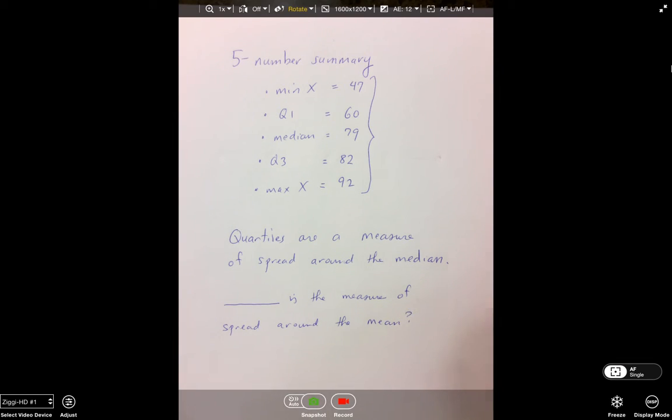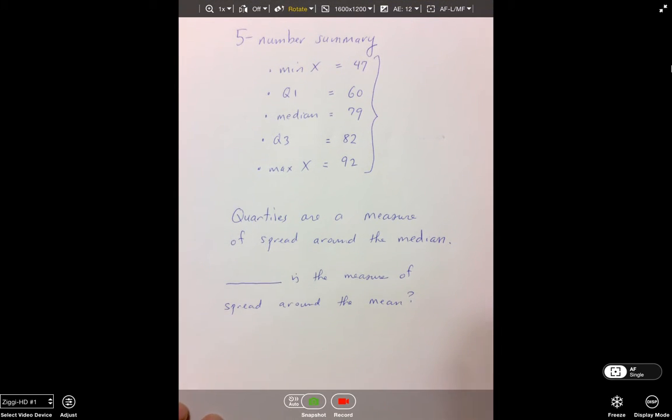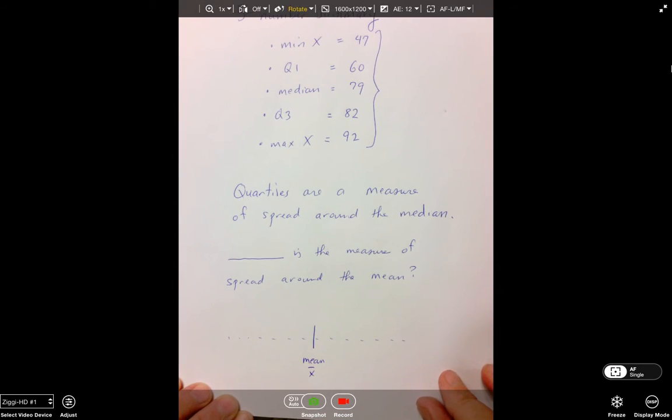So some statisticians got together and they thought, you know what, let's do this. Let's arrange our data from low to high. And instead of coming in for the median, let's look at the mean as a center. And let's try to get an average distance from the mean.